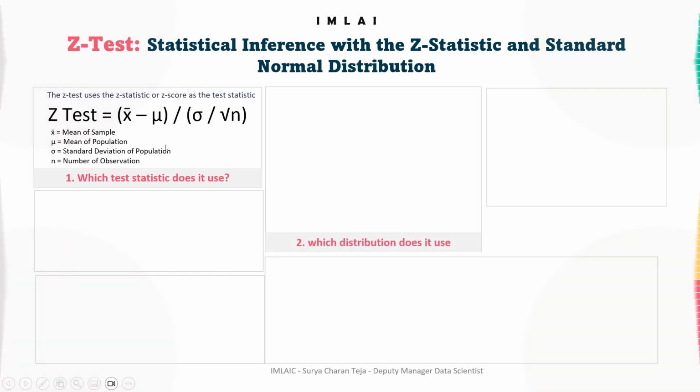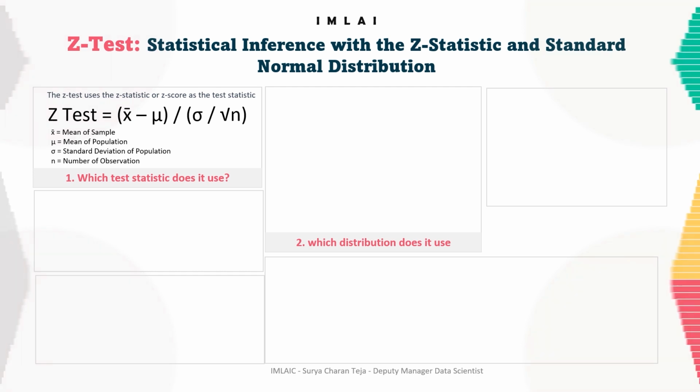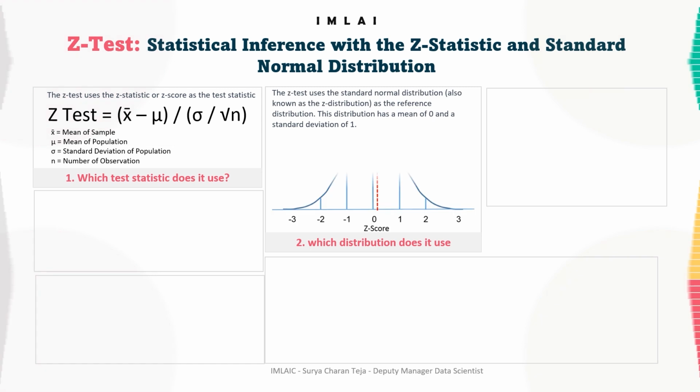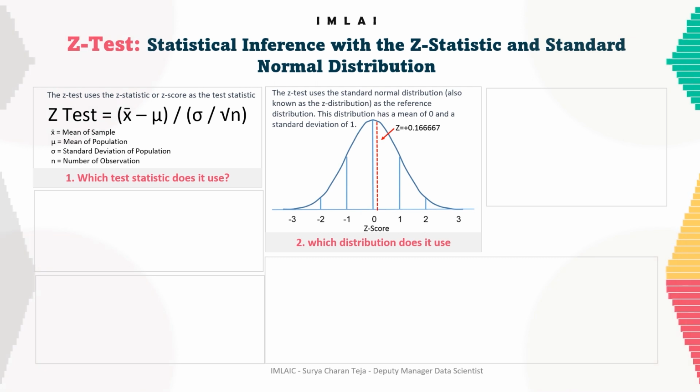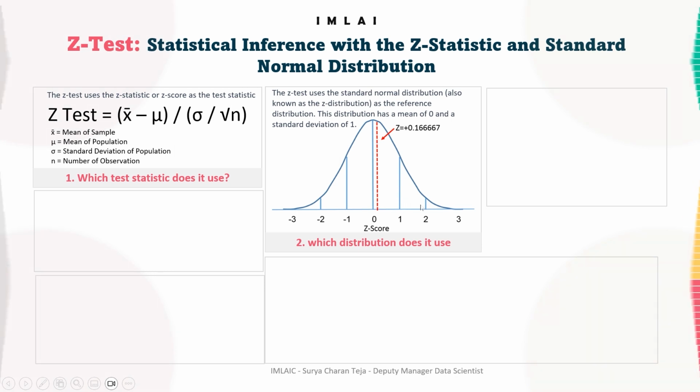The next question is, which distribution does it use? The z test uses the standard normal distribution, also known as the z distribution, as the reference distribution. The distribution has a mean of 0 and a standard deviation of 1.